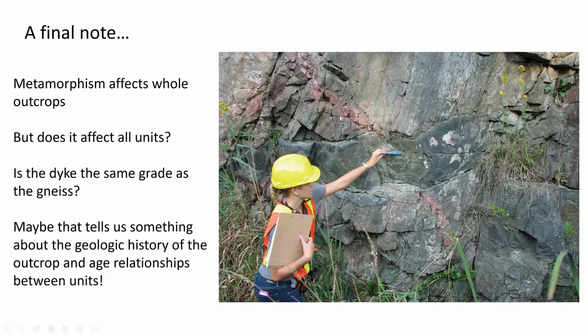So are these dikes the same metamorphic grade as the gneiss? This is an important question to ask yourself in the field when you're collecting these observations, because maybe that will tell us something about the geological history of the outcrop and the age relationships between the units.